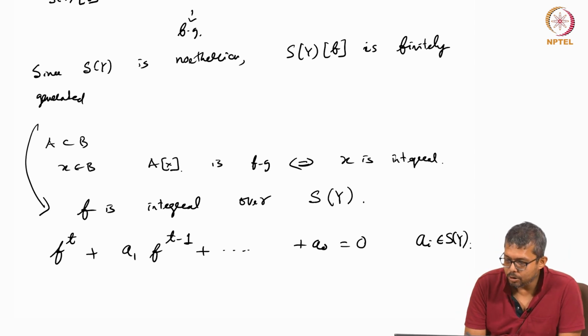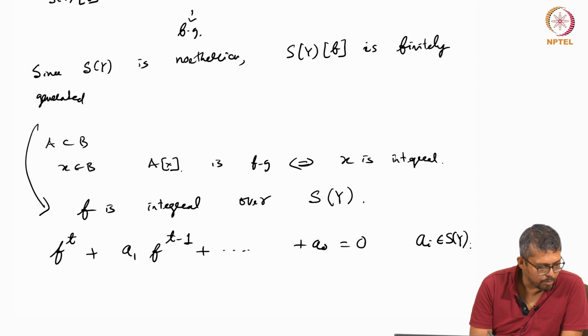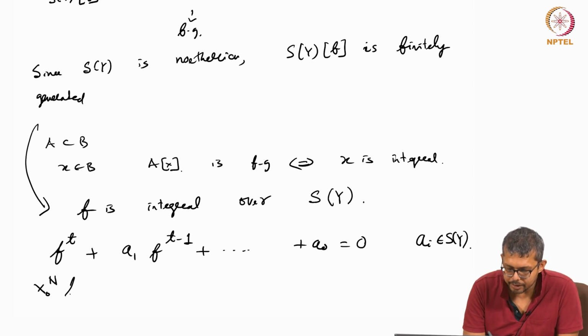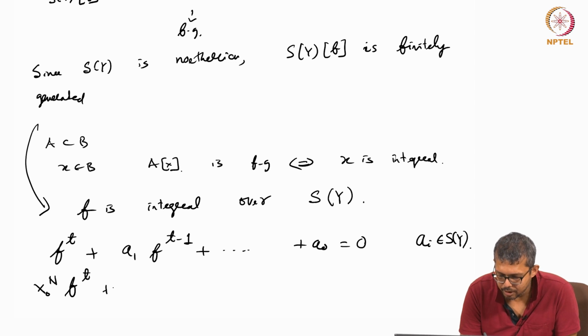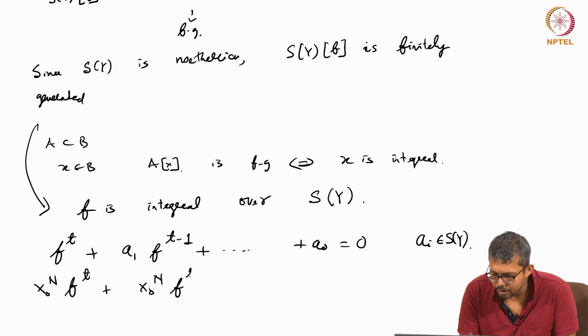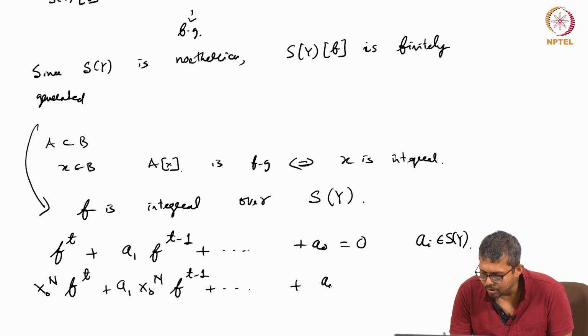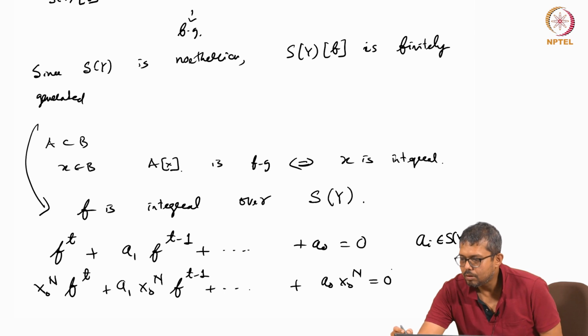So, now what do you do? Now, if you multiply by x naught power n, you get x naught power n f power t plus x naught power n f power t minus 1 a1 and so on, plus a naught of x naught power n.